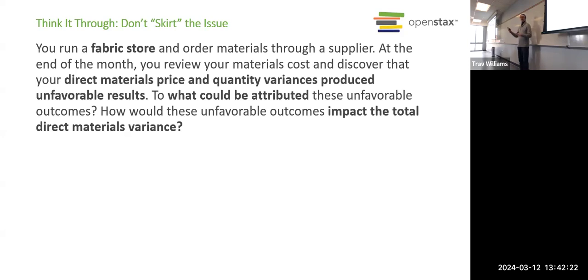Maybe the more that you're paying, it's like better quality. Okay, maybe we switch to a different type of material that's a better quality and costs more, perhaps. What else? Well, why else might we be paying more than normal, more than the standard for our materials? Inflation. Yeah, very good, Miranda.